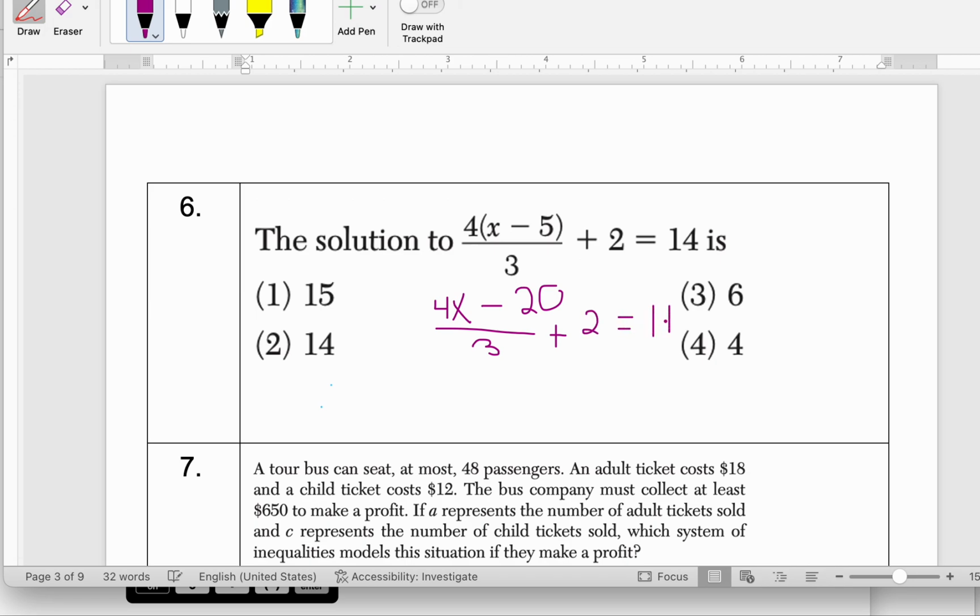Now, this 2 is hanging out by itself. It's not part of that fraction.